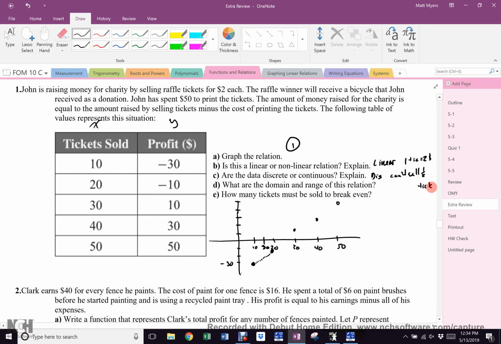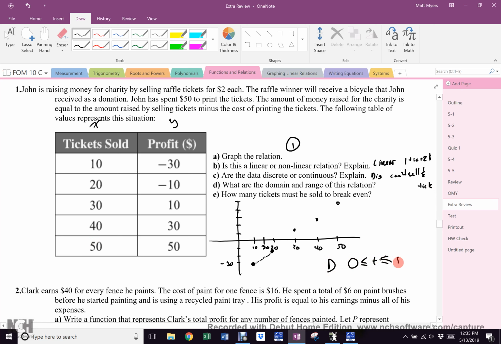Well, it's money. What is the domain and range? What's the lowest amount of tickets I can sell? 0 for domain. What's the highest? That's a big stadium. Capacity of the building, yes? Does it say? So let's assume it's 50.